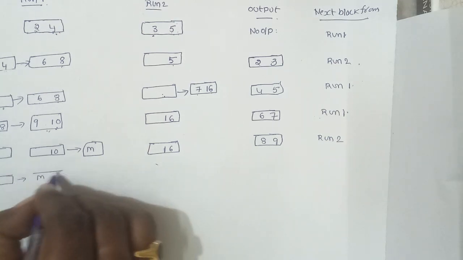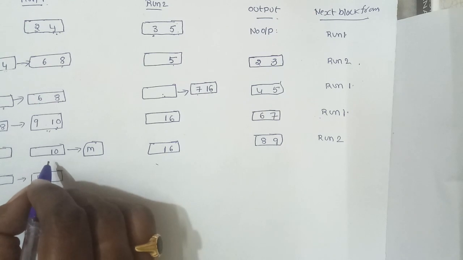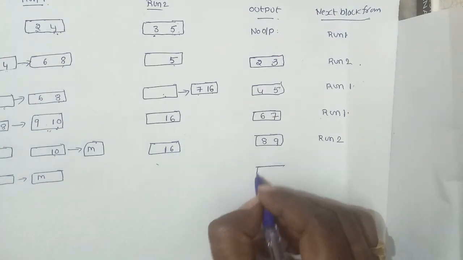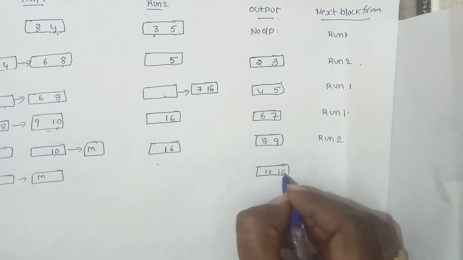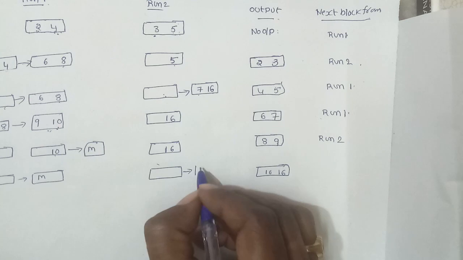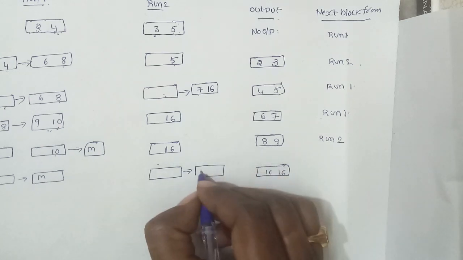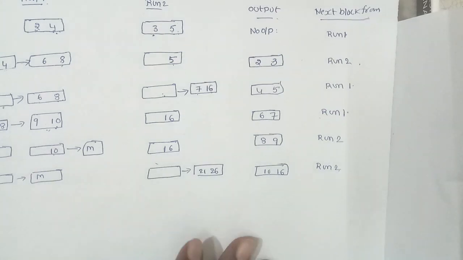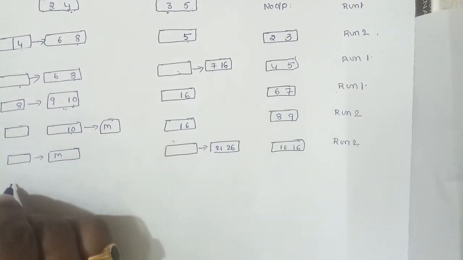So for run 2, simply perform the merge operation between 10 and 16. At the same time you have to perform the read operation: 21 and 26 from run 2.